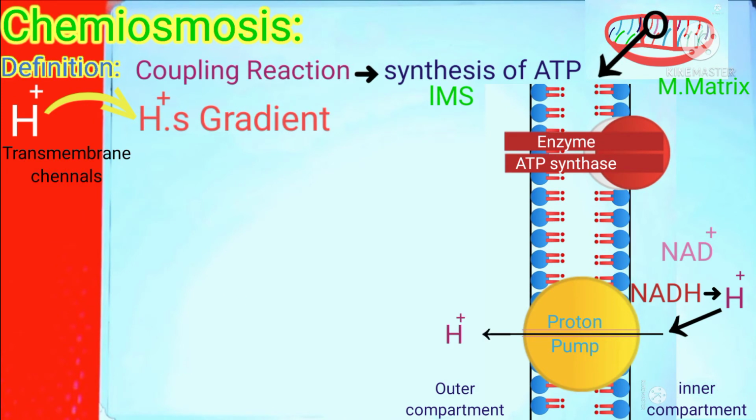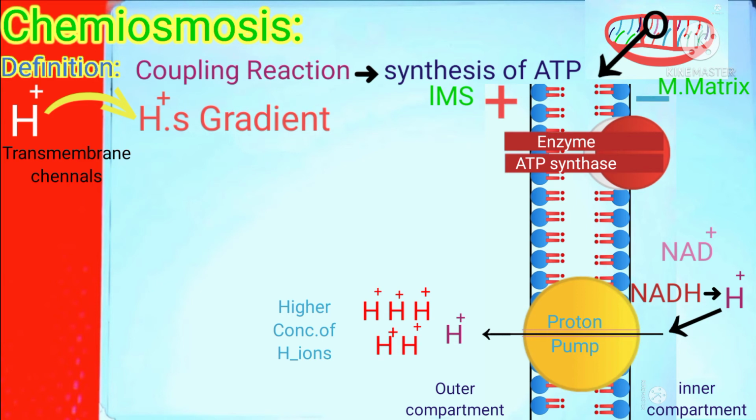This continuous pumping of hydrogen ions from the matrix to the intermembrane space causes a higher concentration of hydrogen ions in the intermembrane space as compared to the matrix of the mitochondria. This movement creates a positive charge in the intermembrane space and a negative charge in the mitochondrial matrix, which creates an electrochemical gradient.